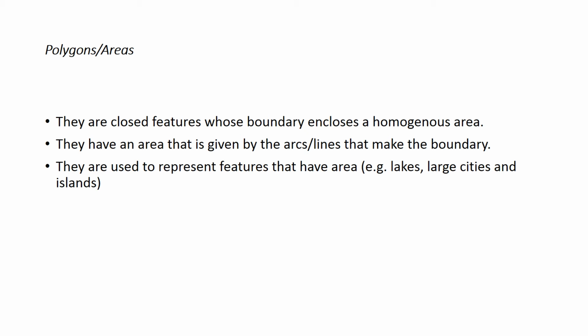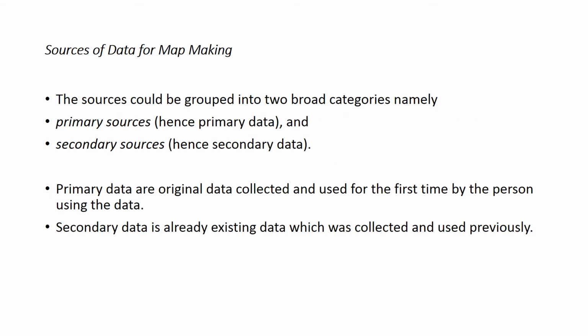So in an area, the lines must close. In other words, your XY coordinates will be, for a long time. It has X, it has Y, it has even Z. So that is why areas are different from lines. They are used to represent features that have area like lakes and so on.